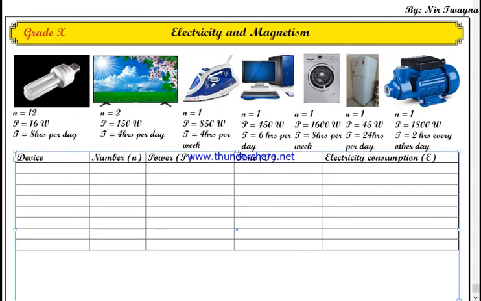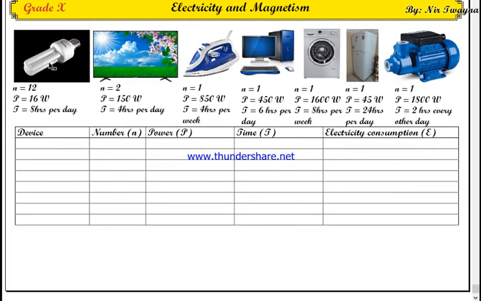Now look at this example. Suppose in this household the CFL bulb is used. How many? 12 CFL bulbs are used in the household, 8 hours per day. Every day the bulb is lit for 8 hours, and each CFL bulb consumes 16 watt of power. Similarly, in the household there are two LED display televisions.